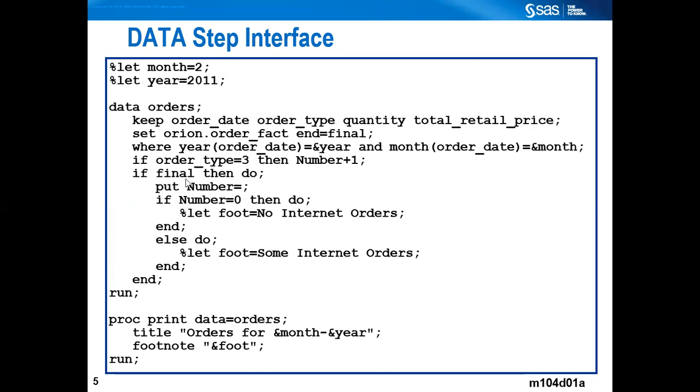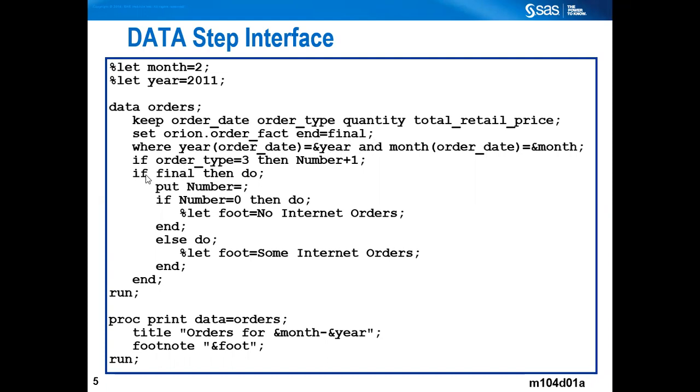What is this? It's indicating that it is the last. I hope you know what final is doing here. So you have created this temporary variable which has the value 0 or 1 if it is the last row being processed for this input data. So if it is the last row, then this final value will be 1.